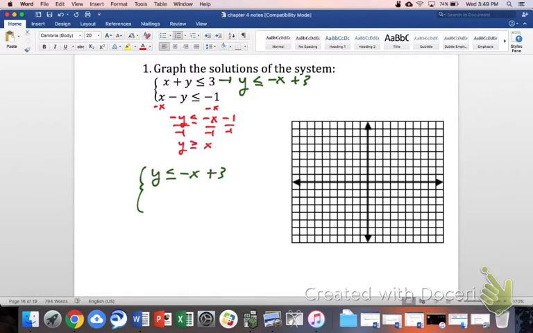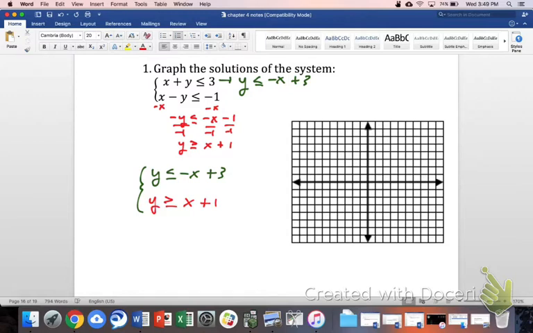It's going to give me positive x plus 1. So my other inequality will go down here like that. Okay, so I feel like slope-intercept form is the easiest method to use with these. So I'm going to use slope-intercept to graph these, and we'll come up with our solution.